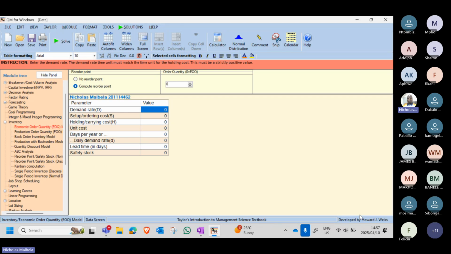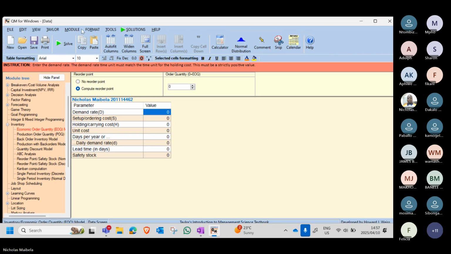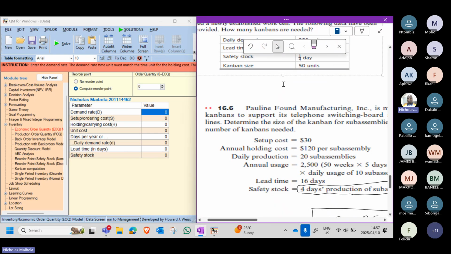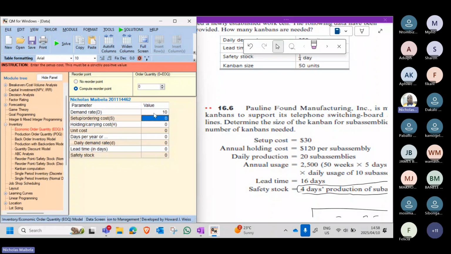So demand, putting this on the side like this. Demand rate. What is it? Demand rate daily. Here we go, guys. Is it 10? Yeah, 10.